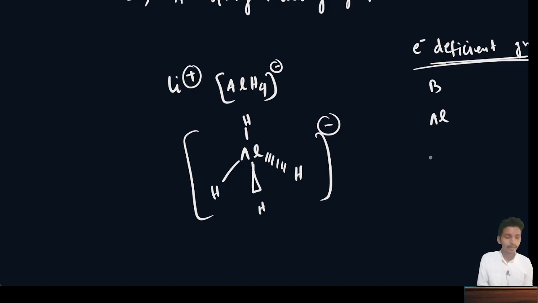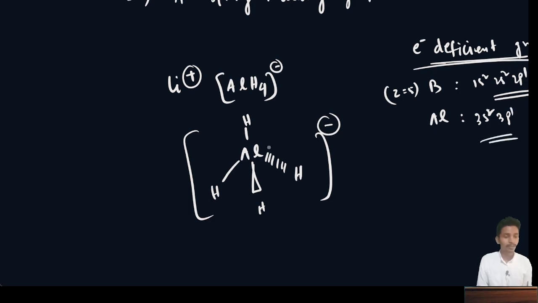The reason is that boron has atomic number 5, so it is 1s2, 2s2, 2p1. The valence electrons are 2s2, 2p1. Similarly for aluminum, it is 3s2, 3p1. For boron there are 3 valence electrons.